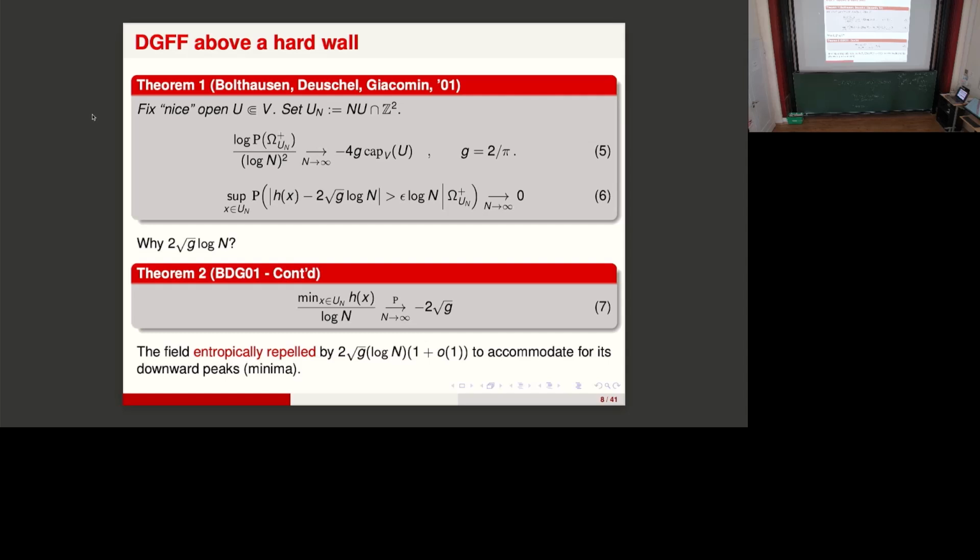Moreover, they use this to show that the field, once you condition it to be positive on U_N, in fact becomes much higher. You condition it just to be positive on U_N, and what happens is that it actually goes to level 2 square root of G log n.